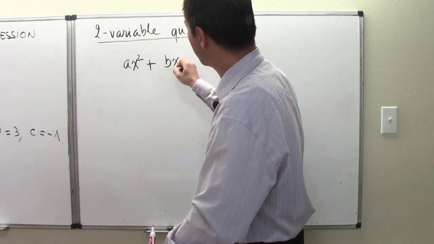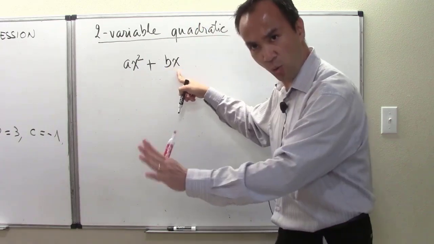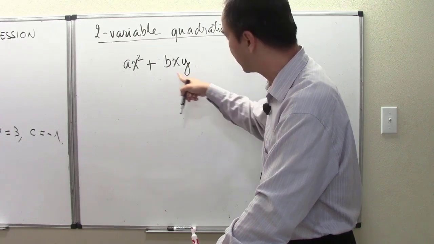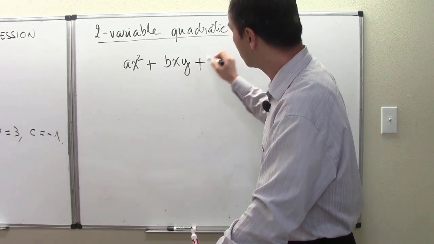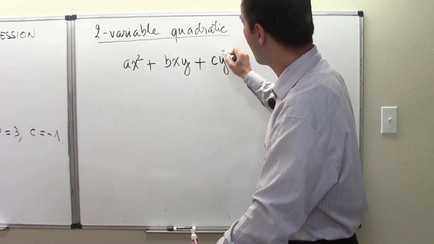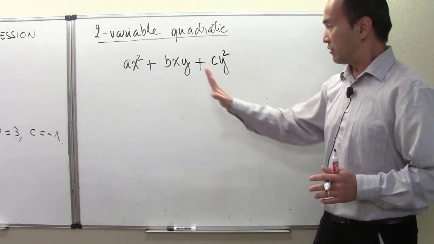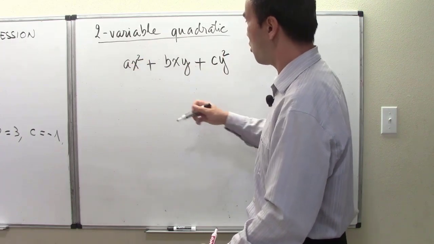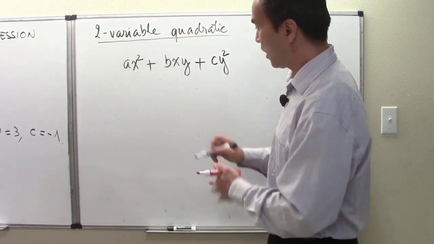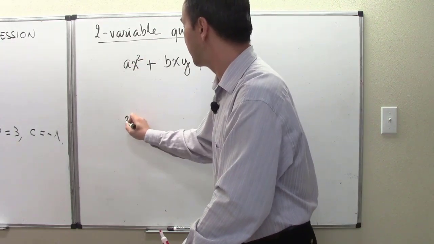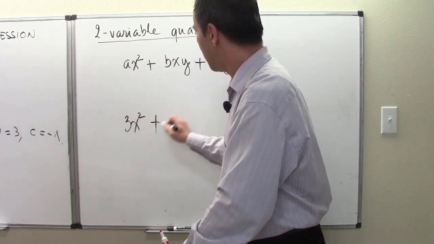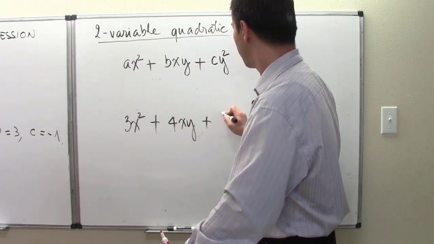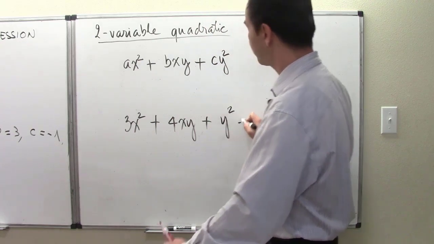There's the bxy term, now with the secondary variable involved, and then plus the c y squared term. So one quick example could be 3x squared plus 4xy plus y squared.